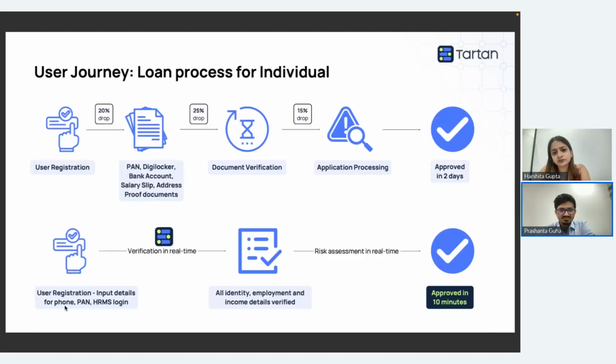So there are two ways to integrate the solution. You can directly use the APIs that we provide, or you can use a semi-automated flow where we provide a console where, after getting the user details, you can manually trigger the APIs to get the desired response.